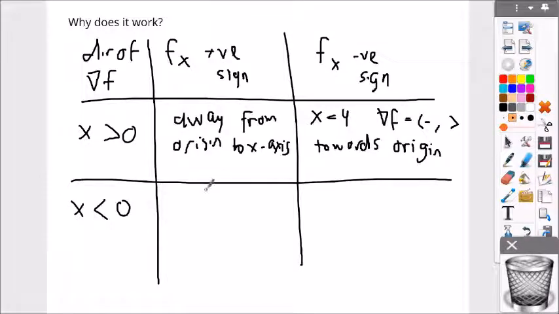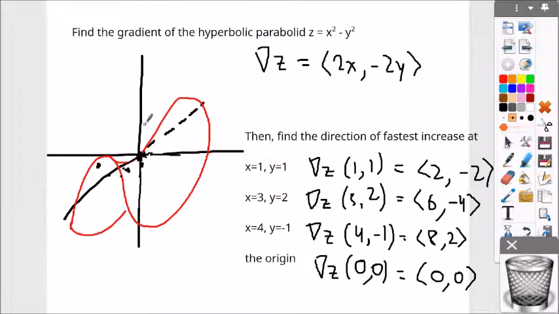So if x is less than 0, let's say x is negative 5 right here, then what you get for the gradient is, we want to go more and more negative. It'll be negative 10. So if x is negative 5, it'll want to go in the direction of negative 10, which is very, very negative.